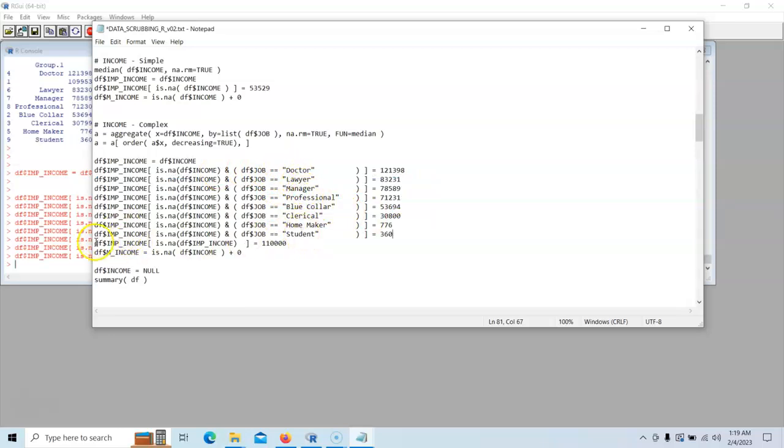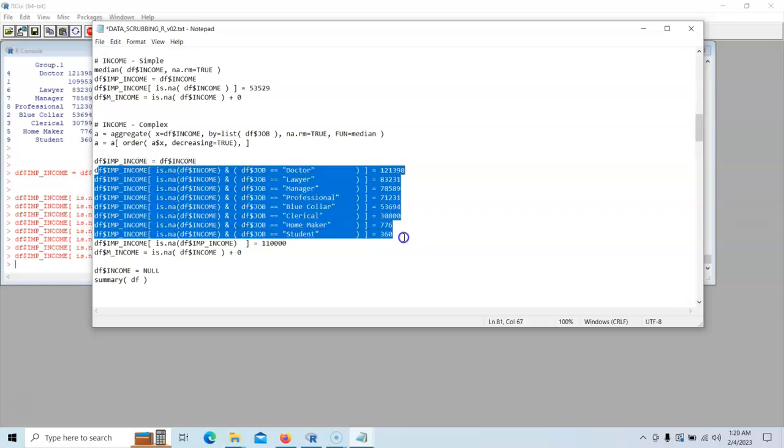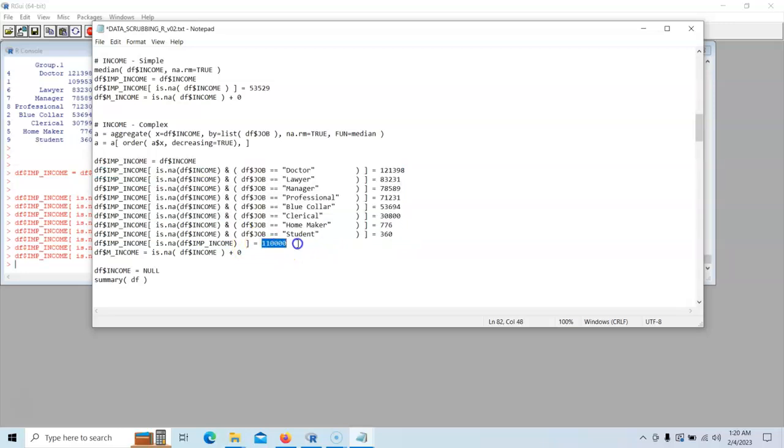So we're going to do one last thing here. We're going to say, if your imputed income, if it's still missing, even after we filled it in everywhere else, we filled it in if you were a doctor and a lawyer and a manager. If everybody is still missing, then we're going to say you make $110,000 a year.